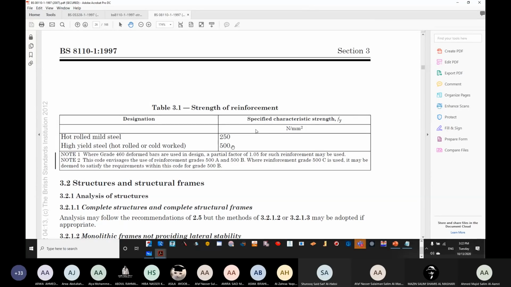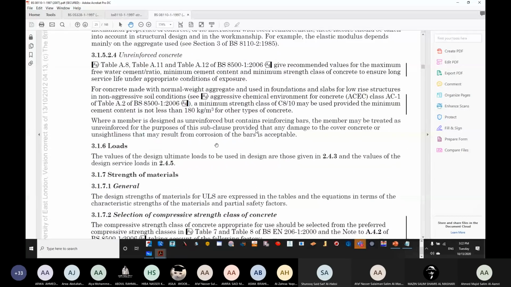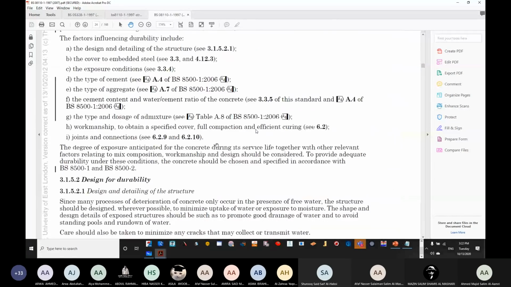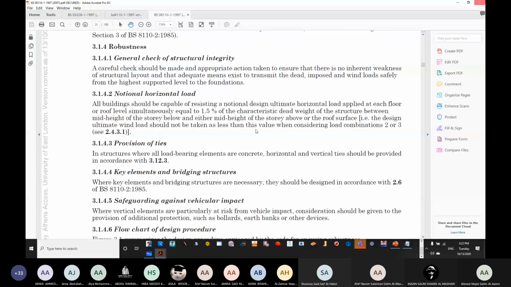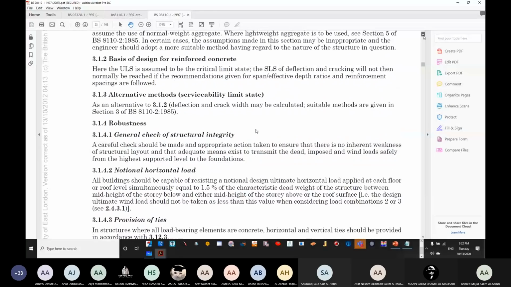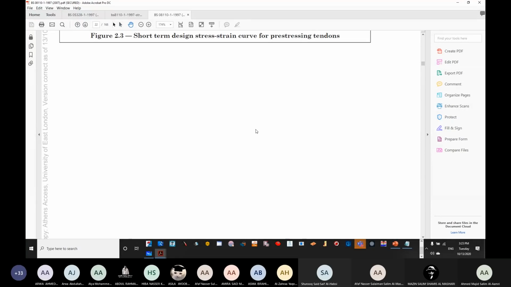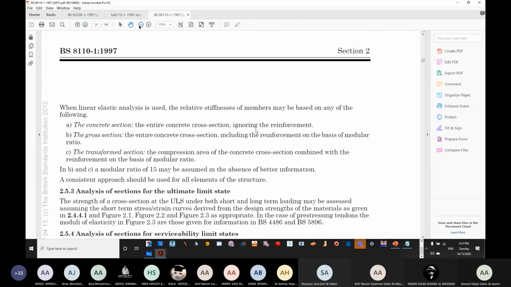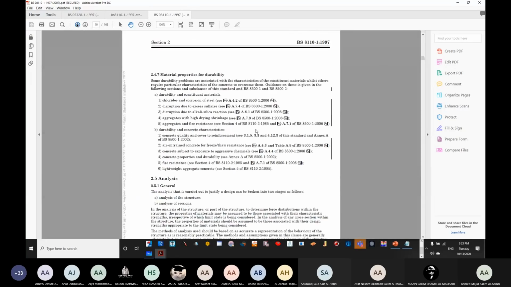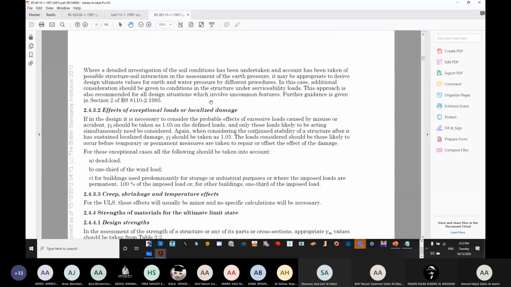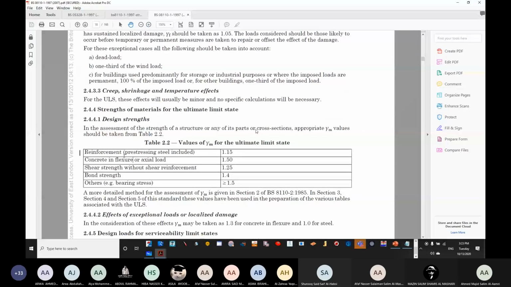If you are using 500, there is a factor of safety for the material of steel, which is 1.15.